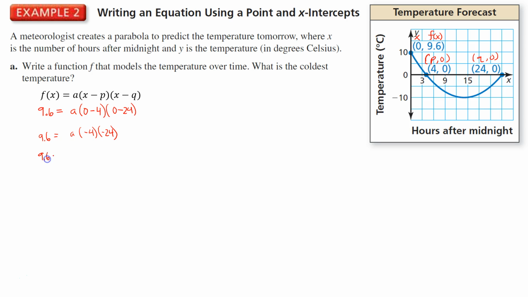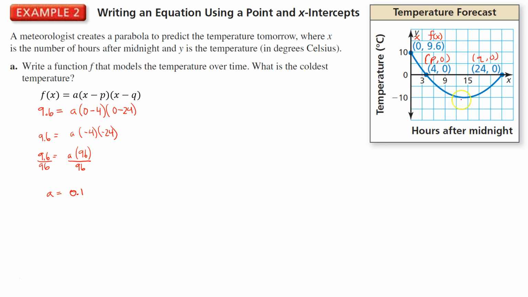So 9.6 is a times 4 times 24 is 96, and negative times negative is positive, so a times 96. We're going to get a by itself, so we're going to divide both sides by 96. And we get a equals 0.1.